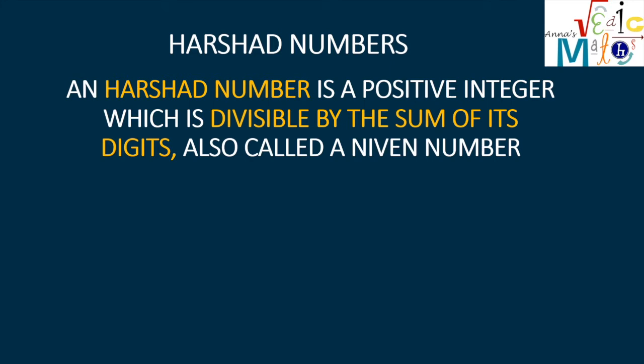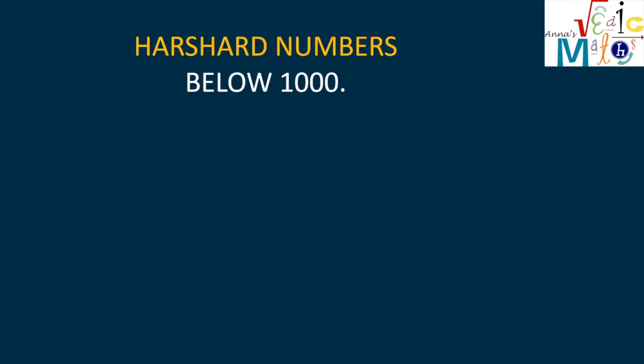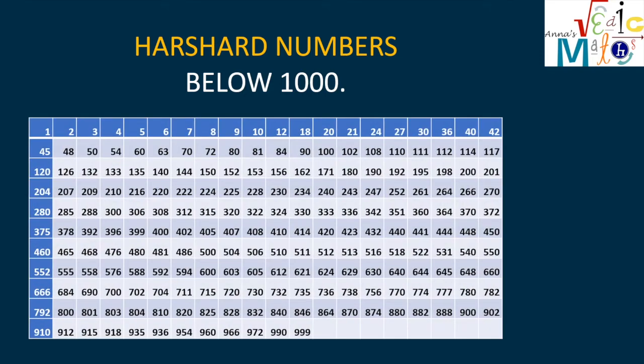Here are some examples. 18 is divisible by 9 and the sum 1 plus 8 is 9. 24 is divisible by 6, and 2 plus 4 is 6. 152 is divisible by 8, and 1 plus 5 plus 2 is 8. Here a table with the Harshad numbers below 1000.